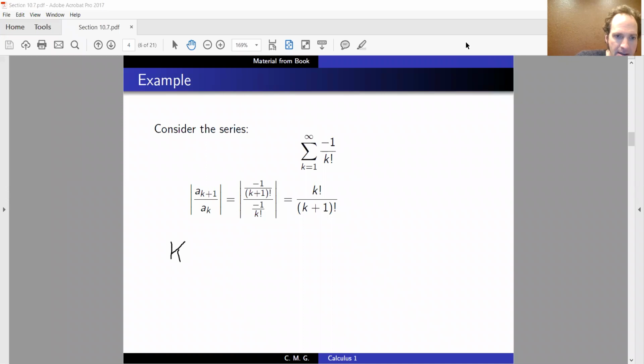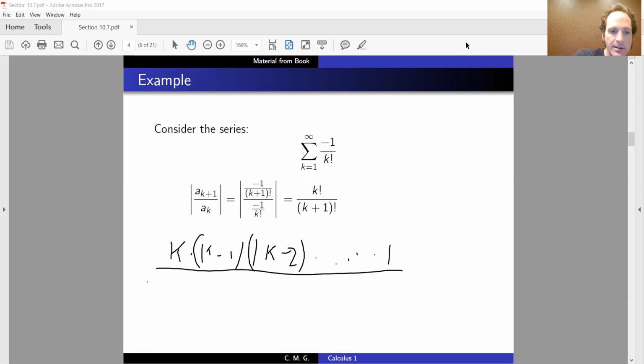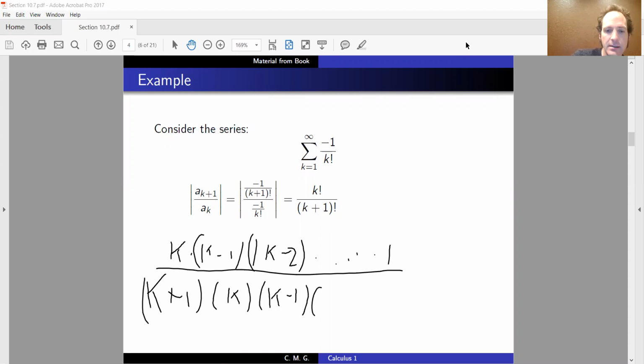So I have k minus 1, k minus 2, and so on, down to 1. K plus 1 factorial is k plus 1 times all the numbers below it. So that's times k minus 1 times k minus 2, and so on.